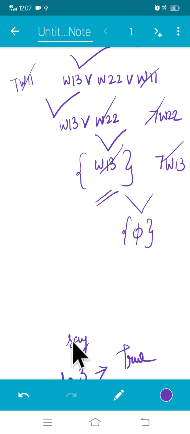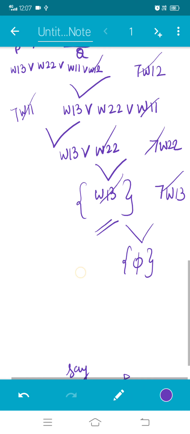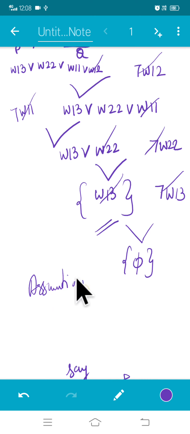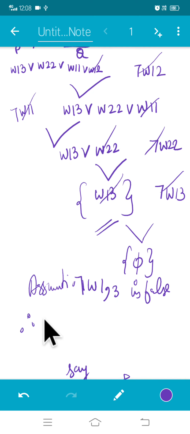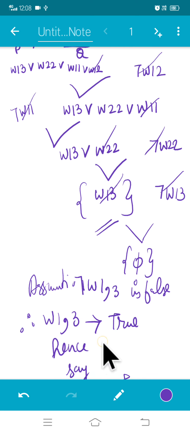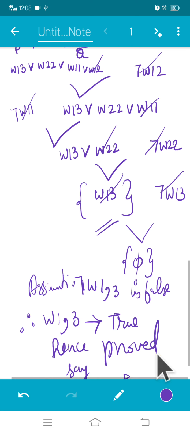This proves that our assumption, negation of Wumpus 1,3, which means Wumpus is not in 1,3, is false. Therefore Wumpus is in 1,3 is true. Hence proved. Thank you.